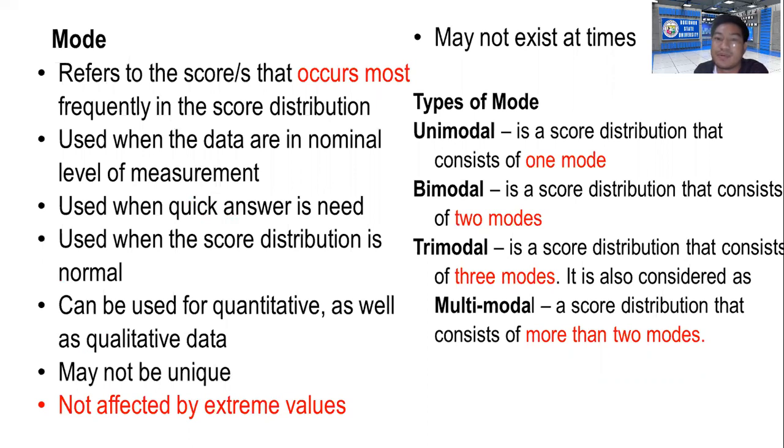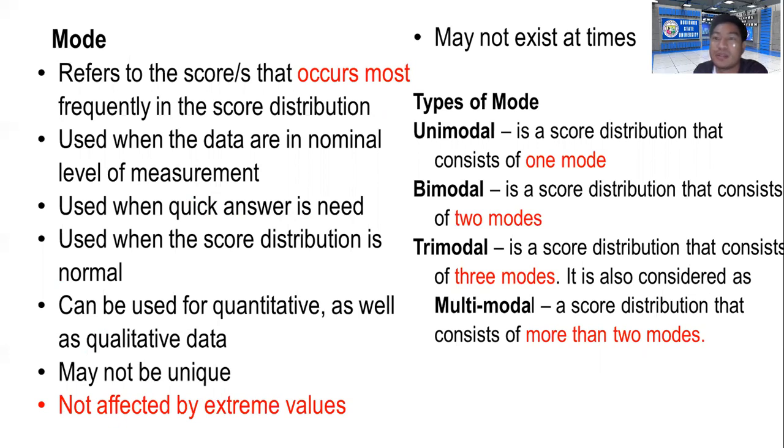So we have different types of mode. Unimodal is the score distribution that consists of only one mode. So if you have a given data and you identified only one mode, that's unimodal. It's bimodal when the score distribution consists of two modes, like for example, in those scores, you have seen two appeared twice and three appeared twice and the other appeared once.